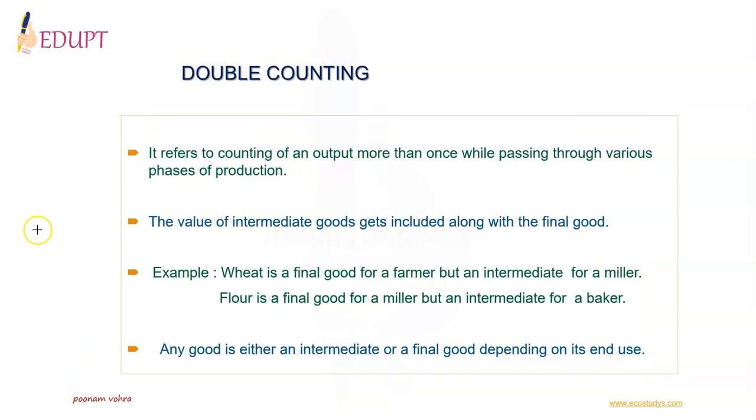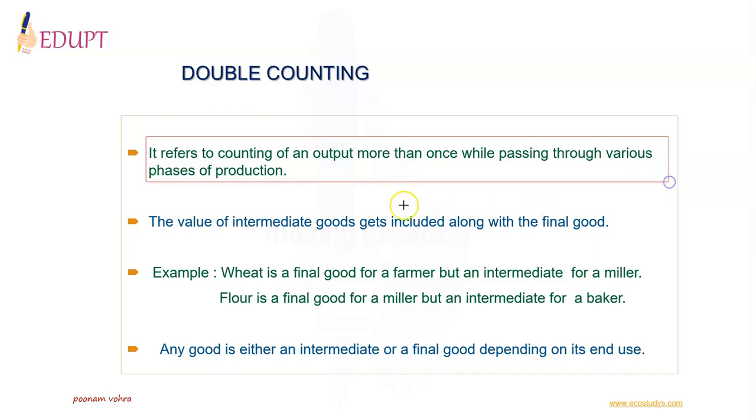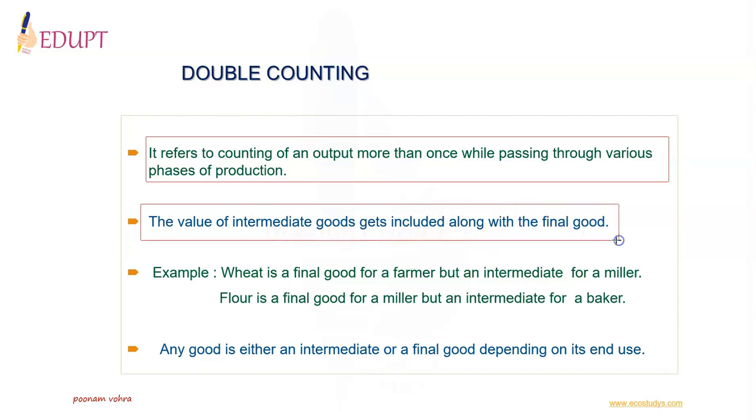So what exactly is double counting? It refers to counting of an output more than once while passing through various phases of production. Here the value of intermediate goods gets included along with the final good.